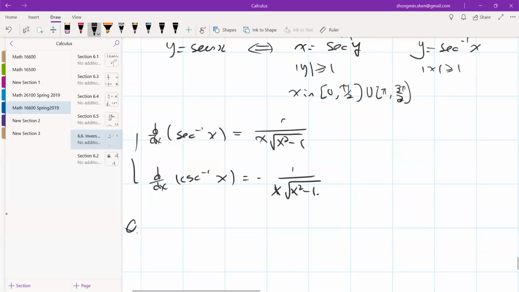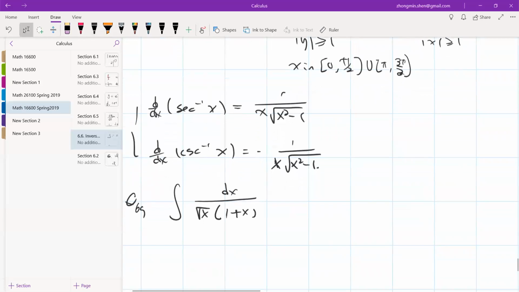Okay, evaluate the integral. All right, so when you see an integral like that, let's suppose it's on the test, what do you have to do?